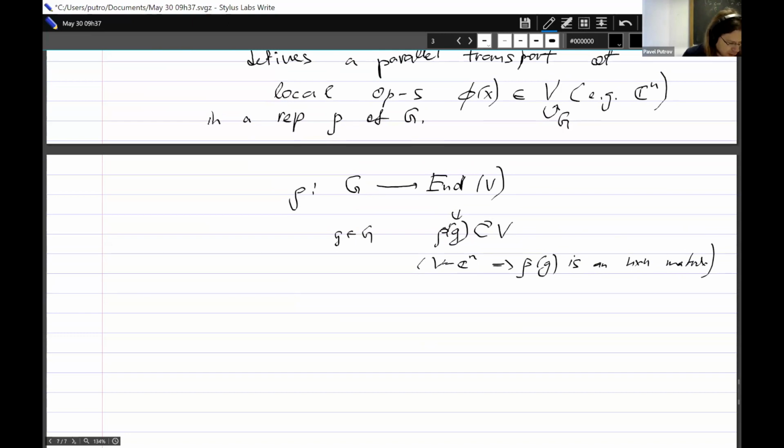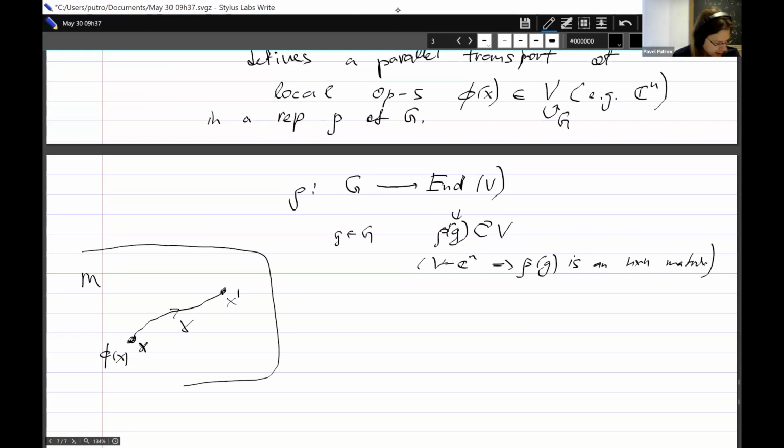And what does it mean when we do parallel transport is the following. We start with some field φ at point x in our spacetime M, and we consider some path γ to another point x prime. We take φ(x), and we consider what is called the path ordered exponent of the integral of A along this path γ.